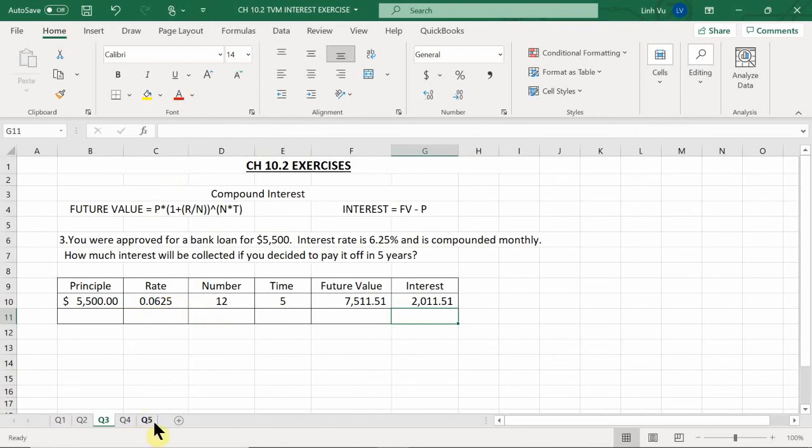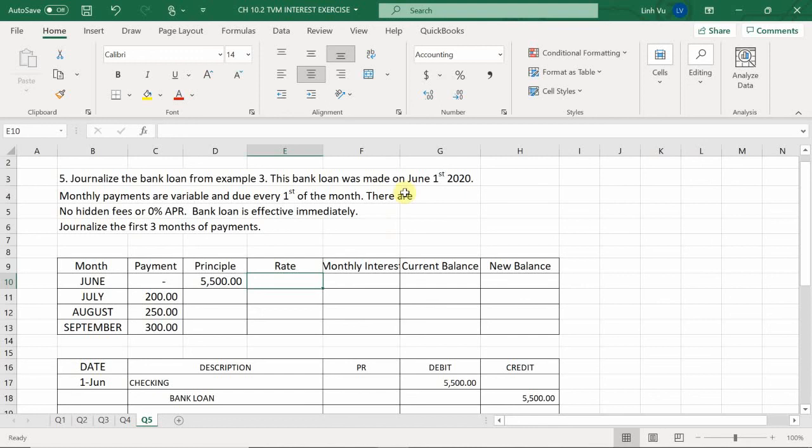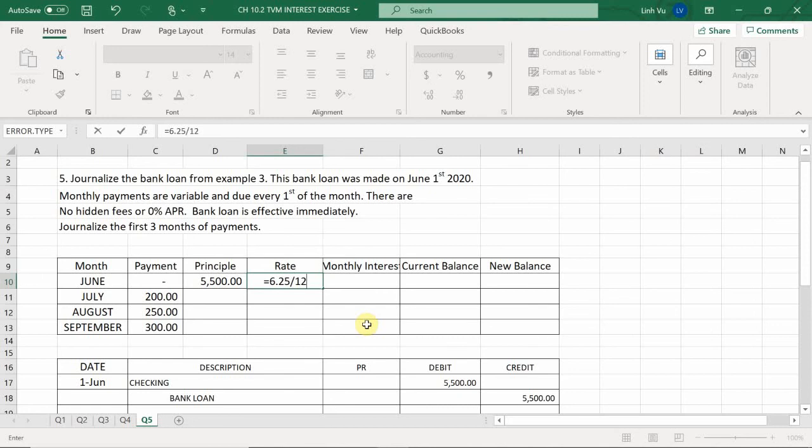Because we're calculating on a month-to-month basis, and it's an annual rate, we need to figure out what 6.25% divided by 12 is, which gives me a total of 0.52%.